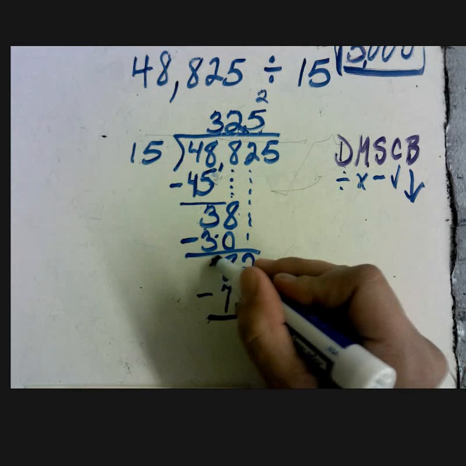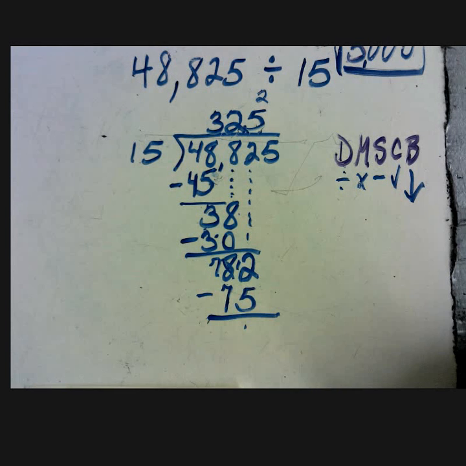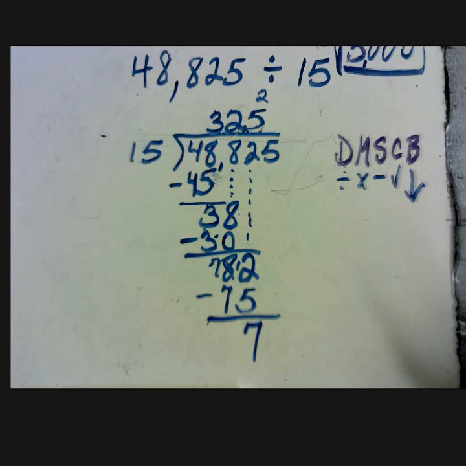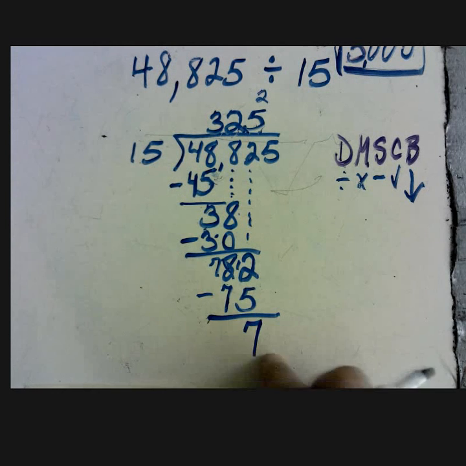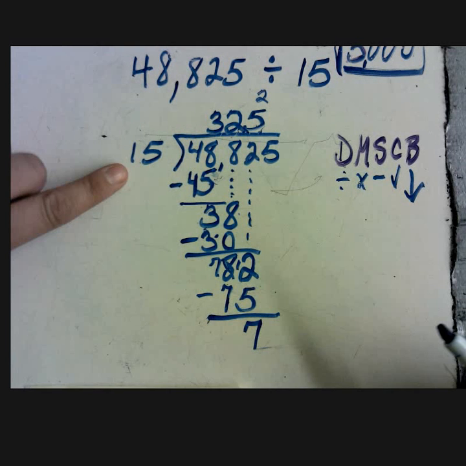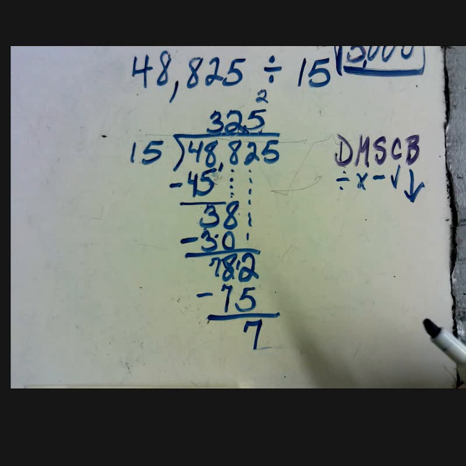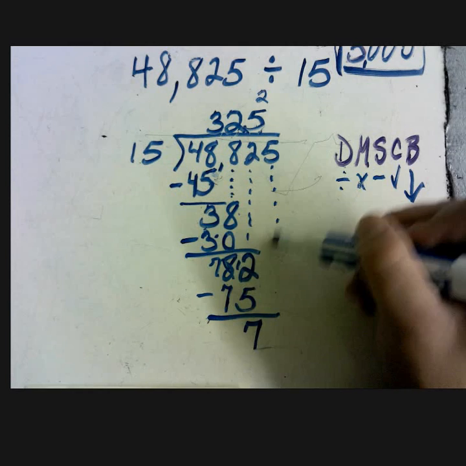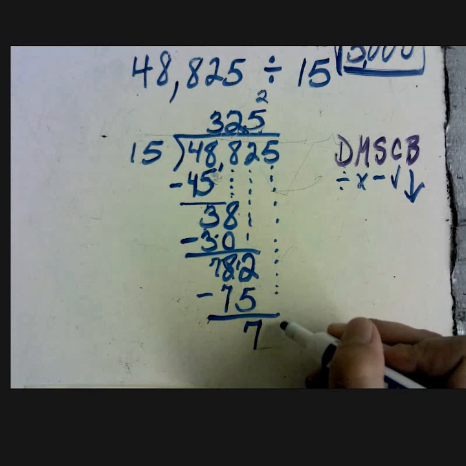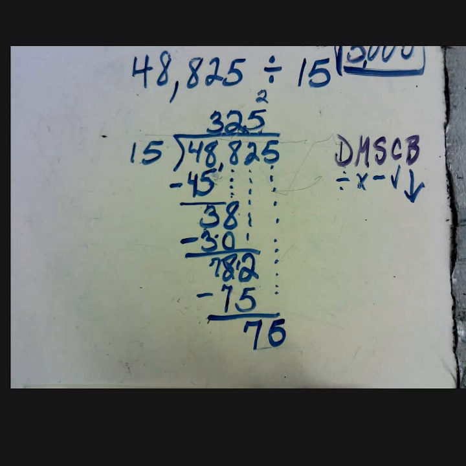I've got one more number I have to bring down, and that's a 5. Boy, I like that number because look what we already did. We have a 5 here. We know that 5 times 15 is 75. So I'm just going to put another 5 in my quotient.